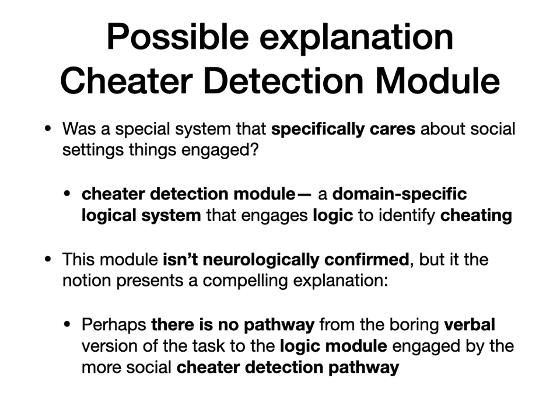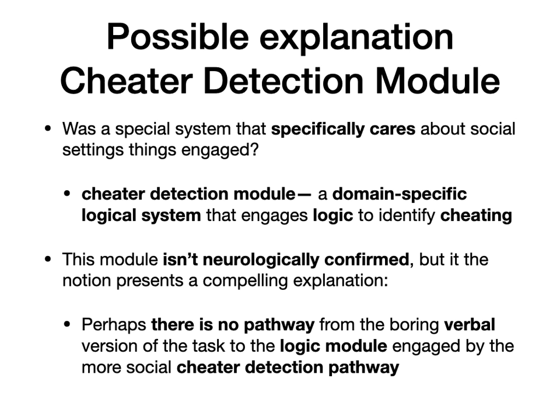So what if we have this special system that specifically cares about social settings, and it has this cheater detection module, this domain-specific logical system that engages this kind of logic to identify specifically cheating or flouting a social norm or something, right? This is not neurologically confirmed. That's not the point of this exercise, but it presents this really compelling explanation.